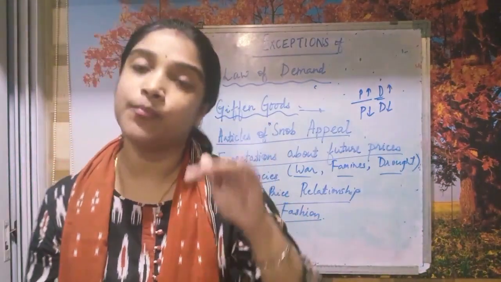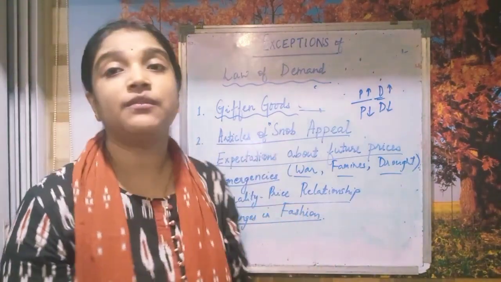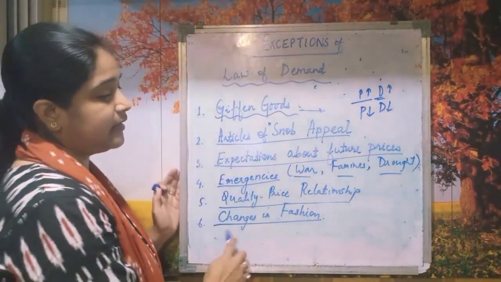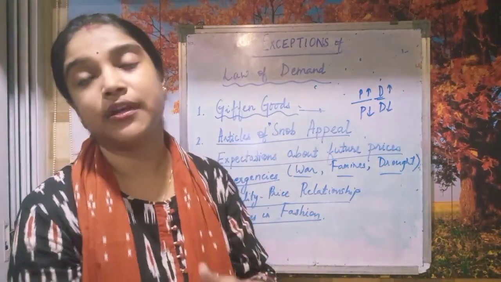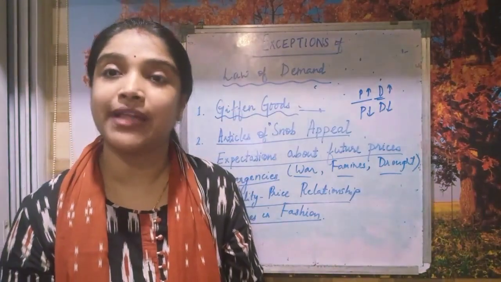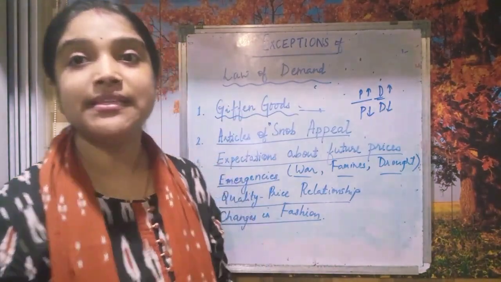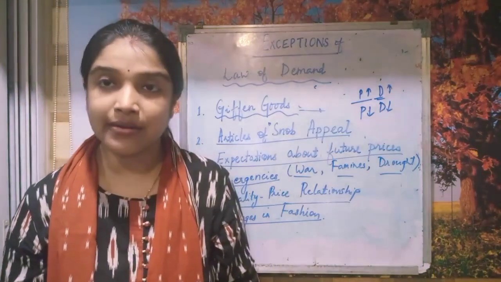So if there's a change in the fashion, if the product is out of fashion, even if the price falls, the consumer will not demand that product. Okay, so these are the 6 exceptions to the law of demand.